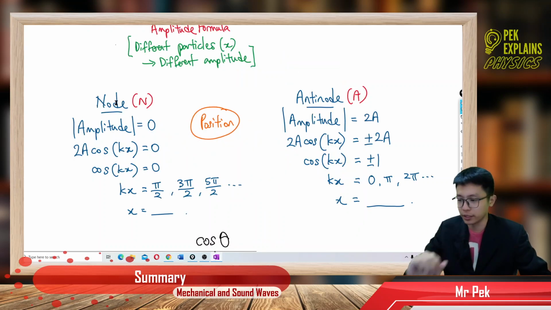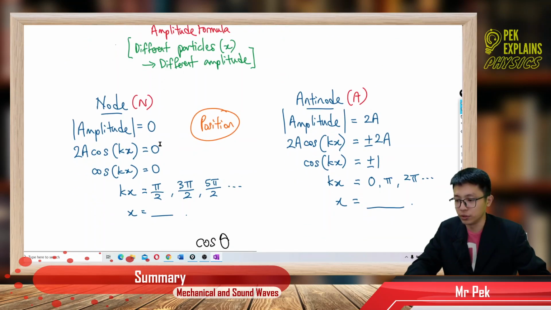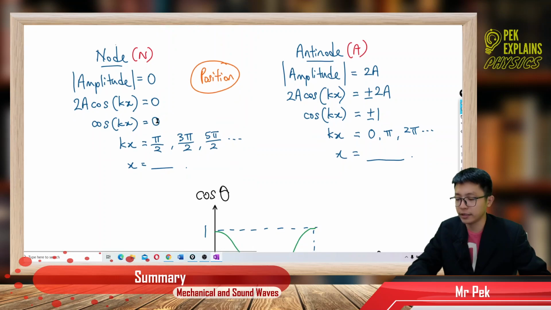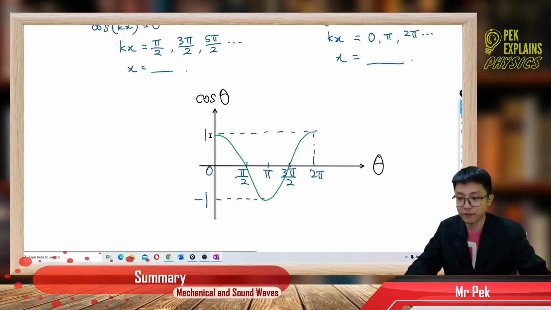Okay, let's consider the node. For the node, the amplitude is always 0. So 2A cos kx equal to 0, right? And then divide by 2A, you get 0 again. So cos kx equal to 0. So in what condition will we get cos kx equal to 0? So remember the cos theta graph?